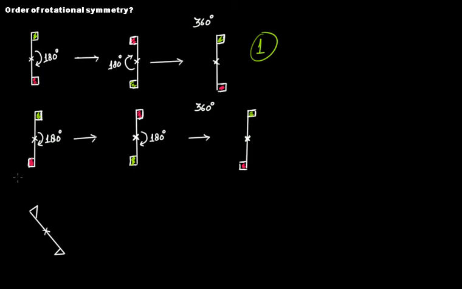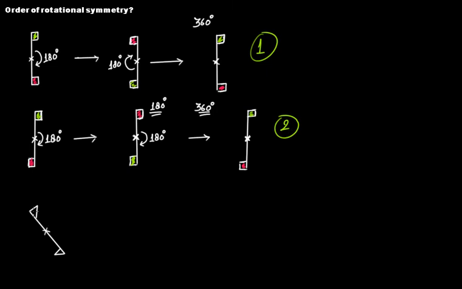Yes, it is exactly the same, because again this outer portion is facing towards the right and this lower outer portion is facing towards the left. So we had a rotational symmetry at 180 degrees and a rotational symmetry at 360 degrees as well. So the order of rotational symmetry is 2.